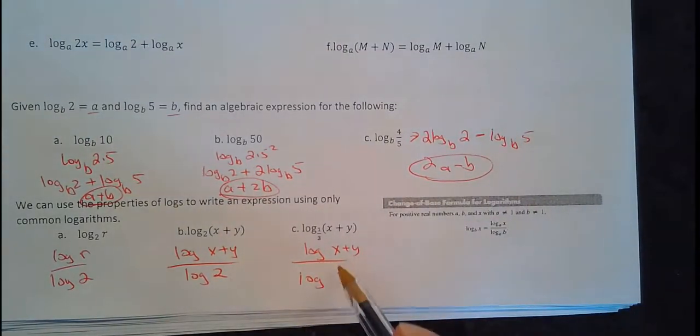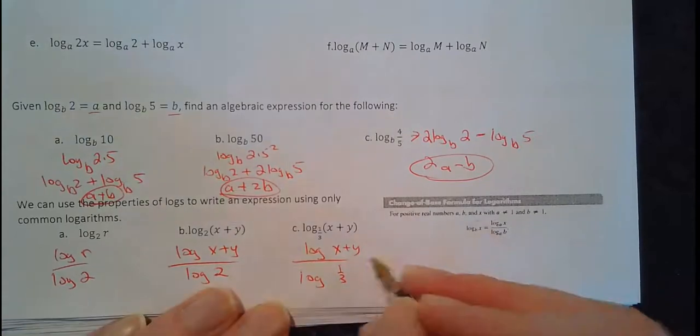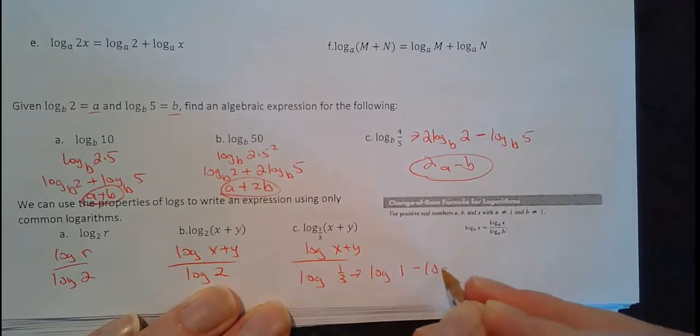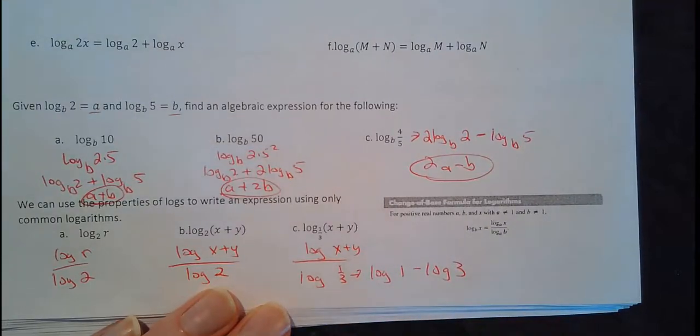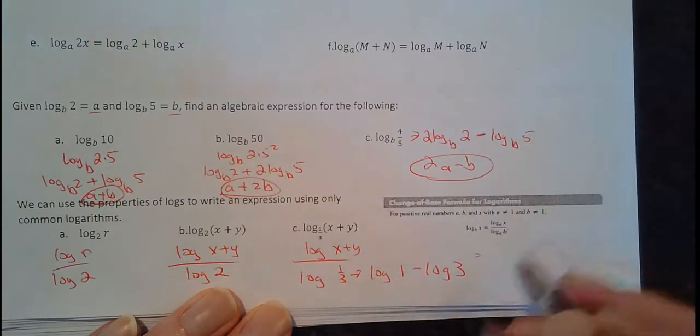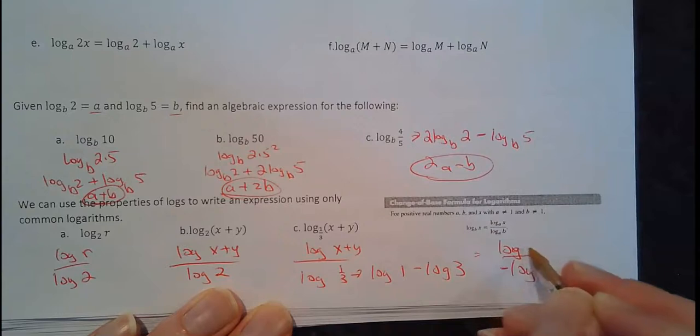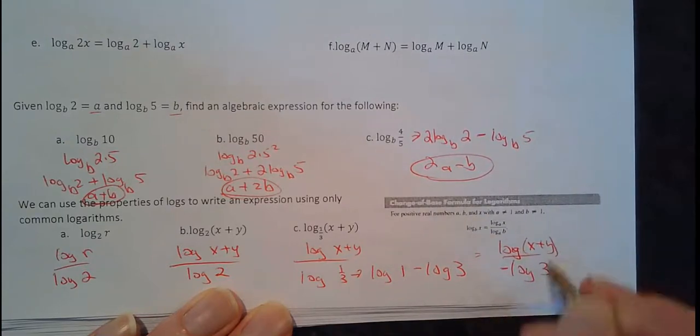Keep going, because 1 divided by 3, I can actually split that. So this would be common log of 1 minus the common log of 3 on bottom. And now 10 to what power equals 1? It'd be 0. So this is actually a 0 here. So this would equal a negative log 3 with a log x plus y on top.